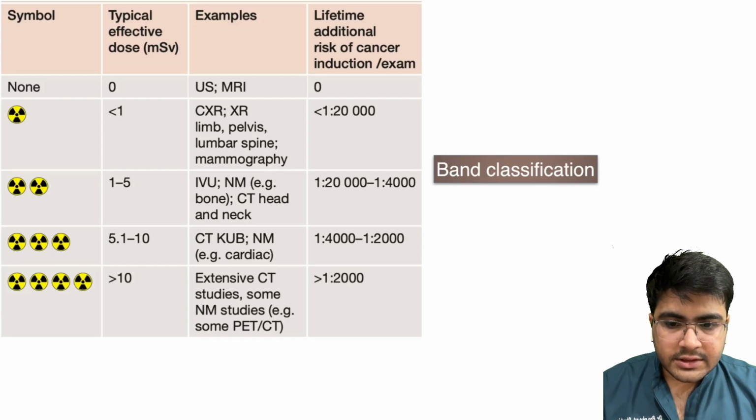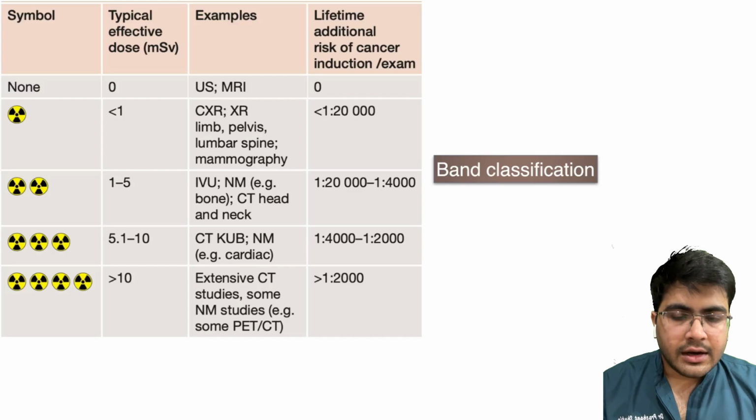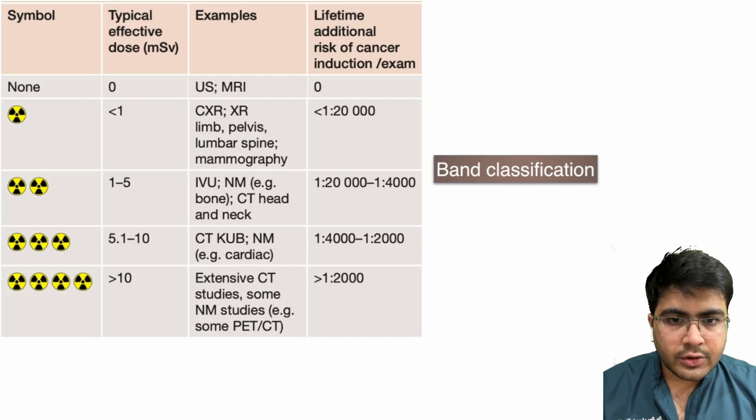If there is one symbol, the typical effective dose you are exposed to is less than 1 millisievert, and it is usually seen in chest x-ray, limbs, pelvis, lumbar spine and mammography, and the lifetime additional risk is less than 1:20,000.